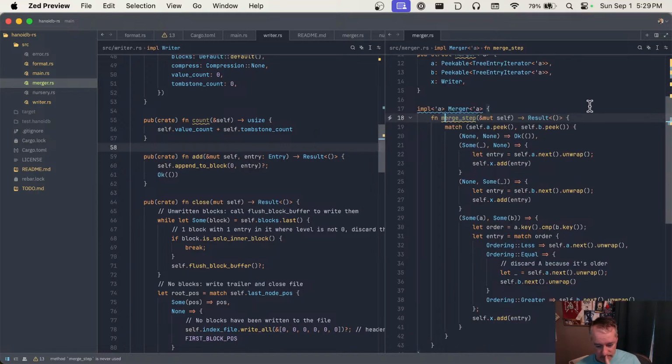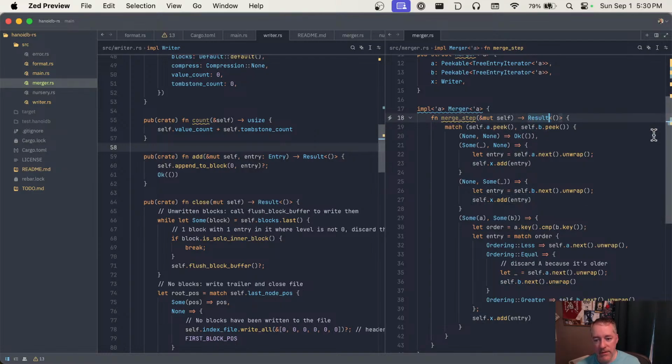Now, there's one other bit here, which is we need to not return unit. We need to return how many steps were taken, because in this case, there's two, right? Because we discarded one, but we merged two equal keys basically.